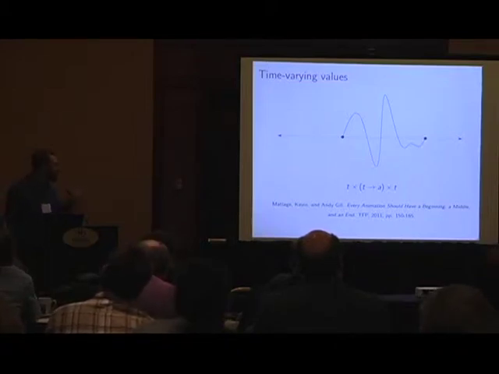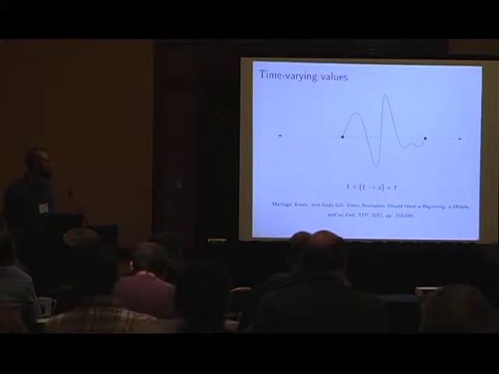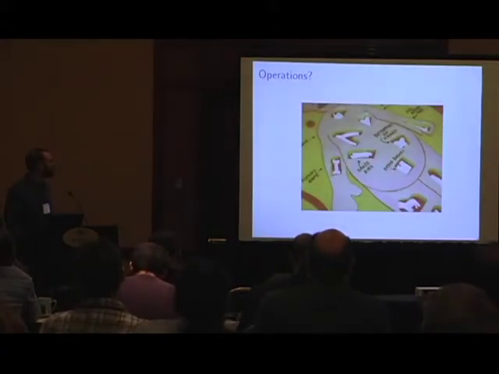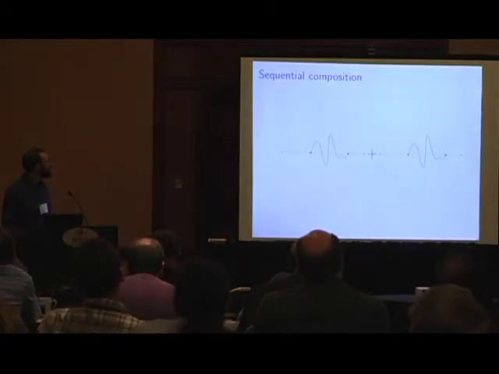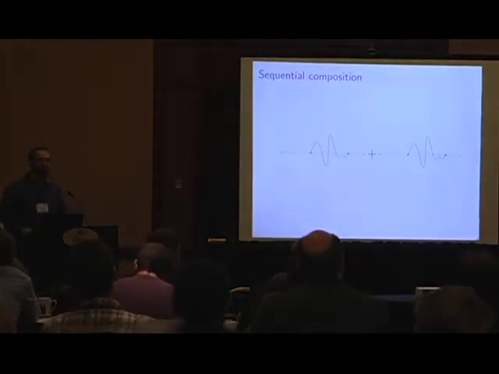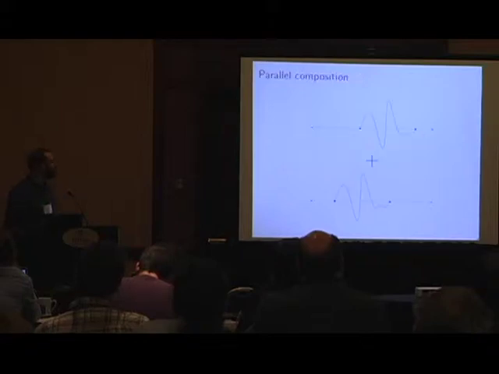So okay, if we can take that as our starting model, the obvious question is, what operations can we do on these things? It seems like it's very common to have some kind of sequential composition operation to sequence things in time. We're going to have some kind of parallel composition to have things happen at the same time.